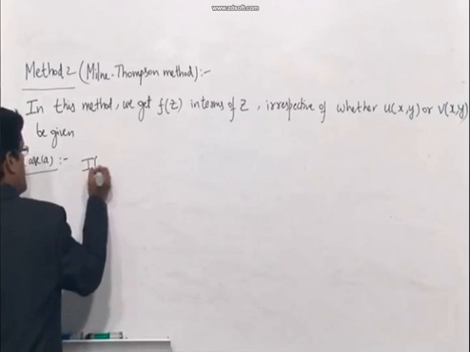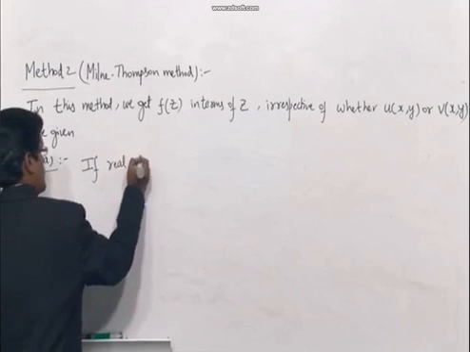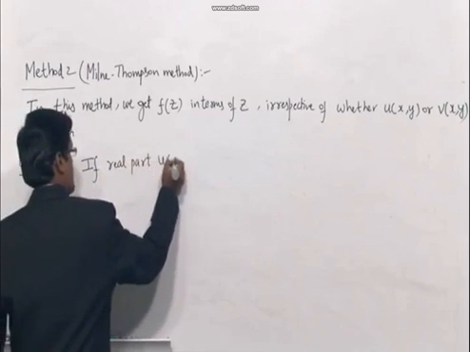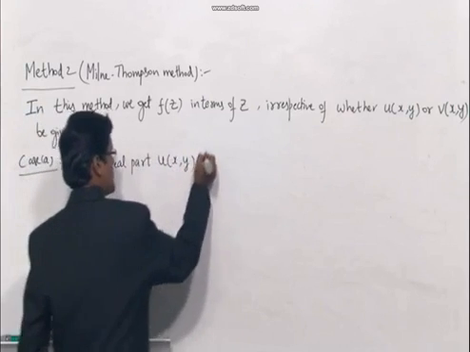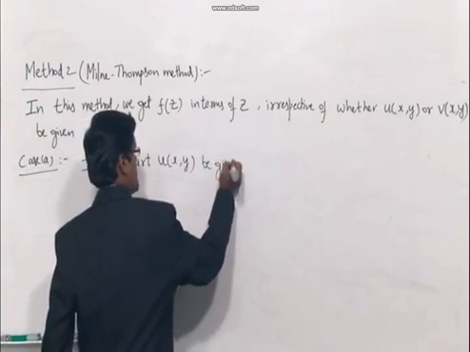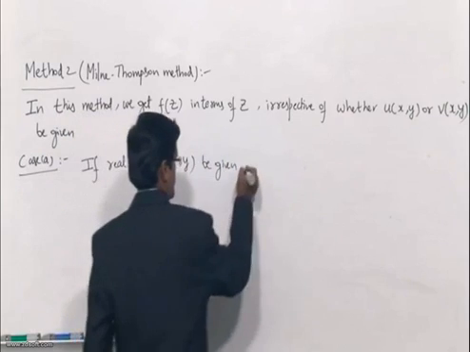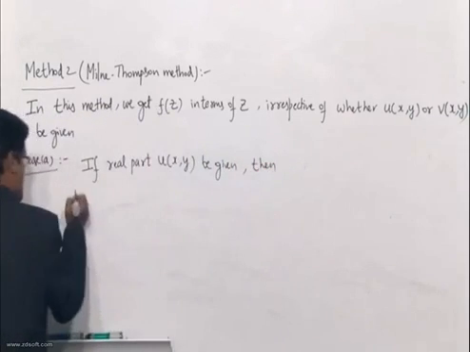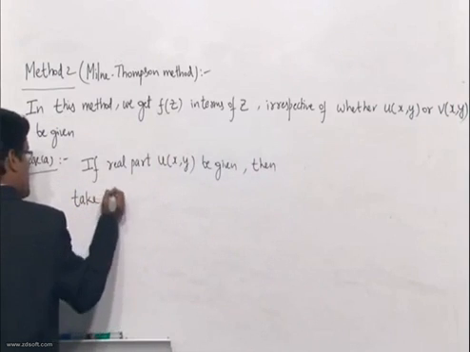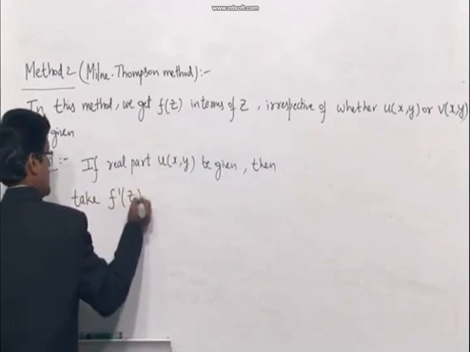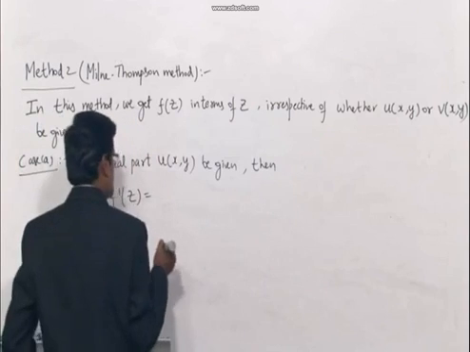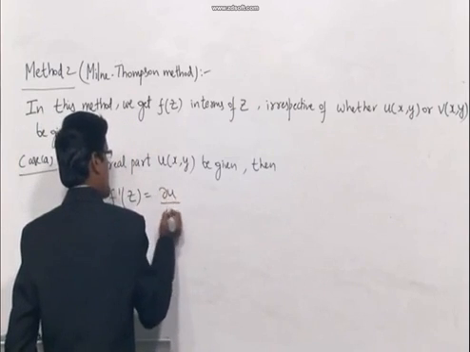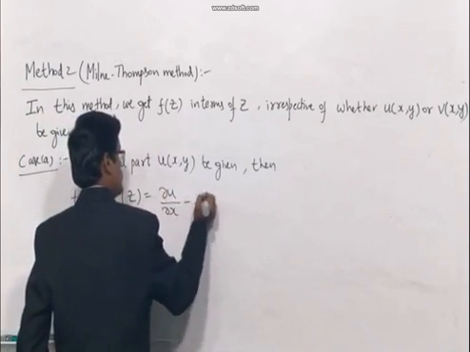Case A. If the real part u of x comma y is given, then take f dash z is equal to dou u by dou x minus i dou u by dou y.